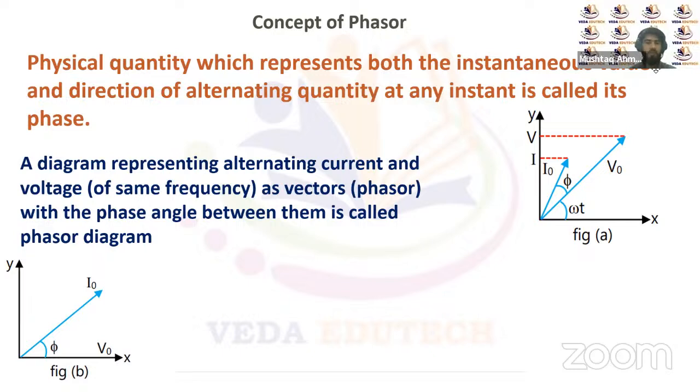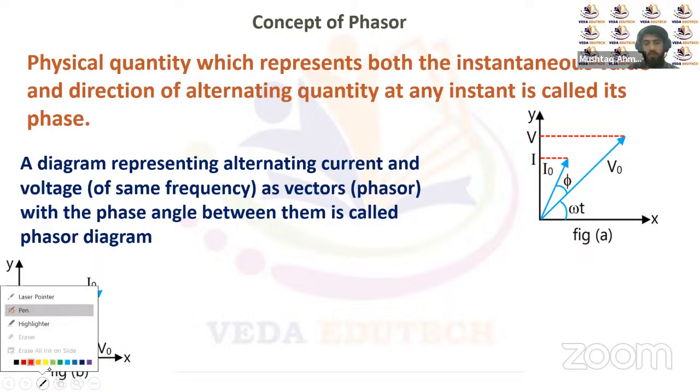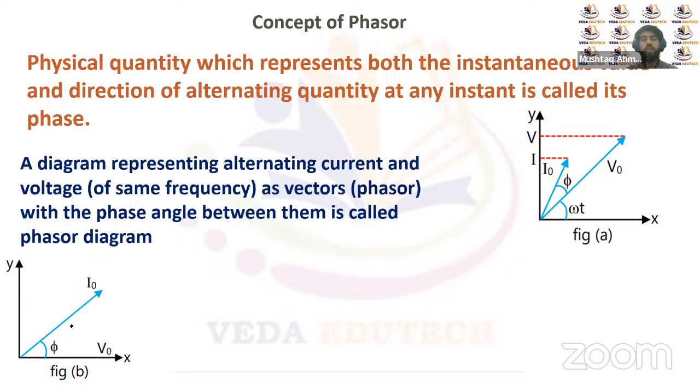These are actually vectors in the XY plane, which represent the instantaneous value of the current and the voltage in an AC circuit. With the help of these we can find the instantaneous value of the current as well as the voltage.